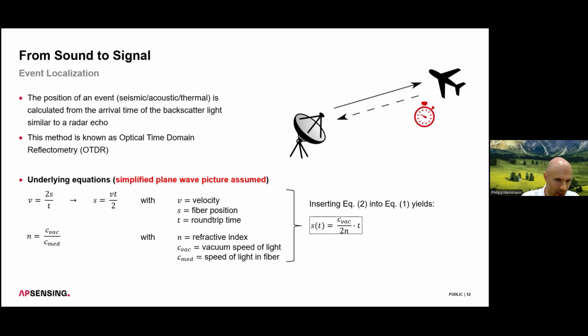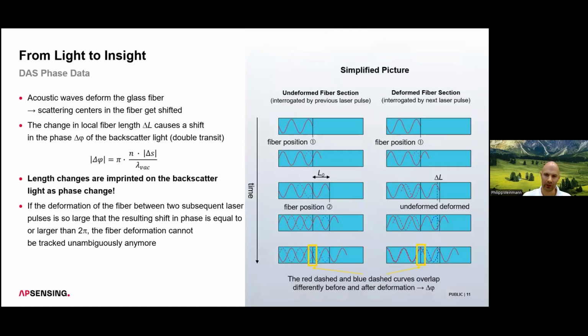So coming back to the slide, we have now learned how strain is encoded into the backscatter light. Now the question is how can we make sense out of this?